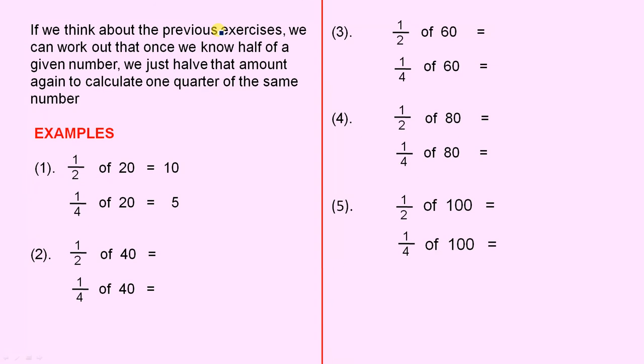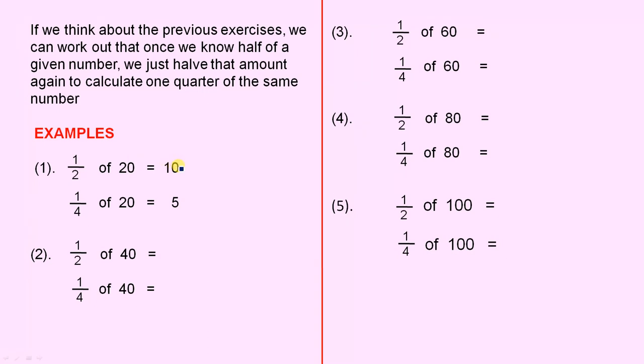If we think about the previous exercises, we can work out that once we know half of a given number, we just halve that amount again to calculate 1/4 of the same number. Let's look at some simple examples. We know that half of 20 equals 10. It could be half of $20, half of 20 marbles, half of 20 apples.